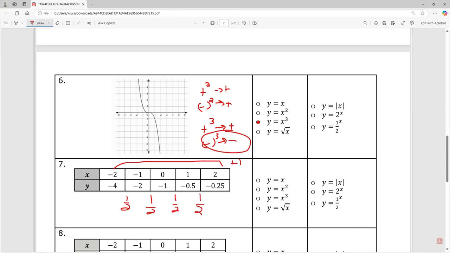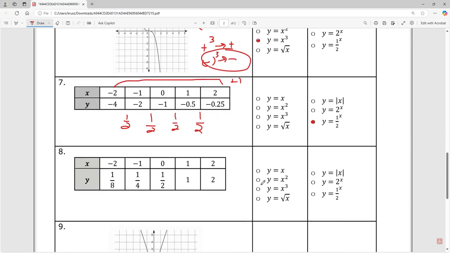So this is 1/2 raised to the x. Every time, to get y, I take 1/2 and raise it to the x. Okay, you see how I did that? -2 divided by -4 is a half. -1 divided by -2 is a half. 0 divided by 0, but we're looking at the change. Okay, so there is that one.